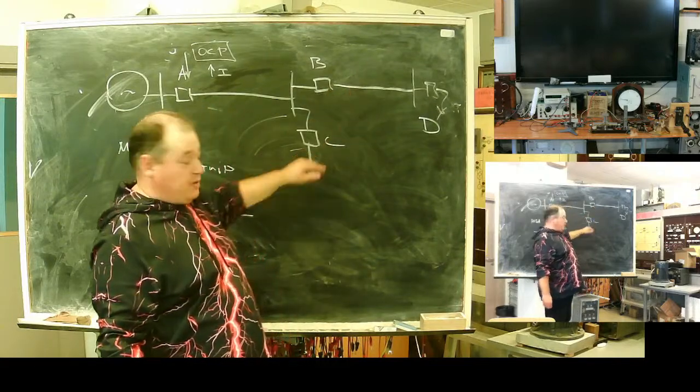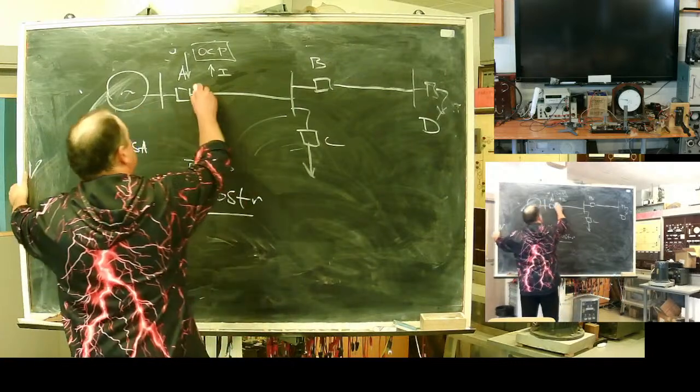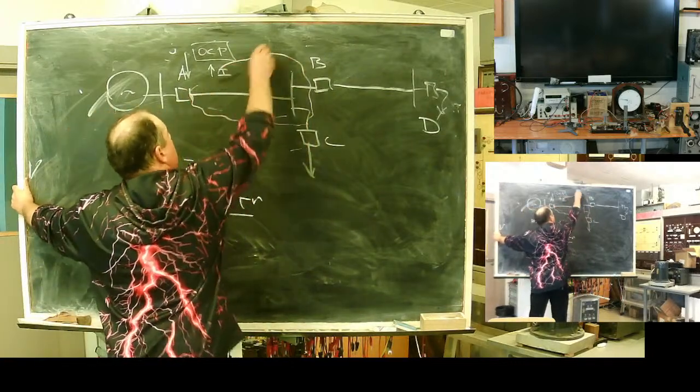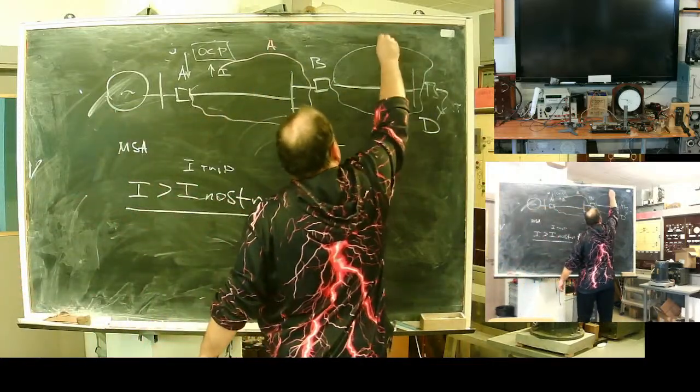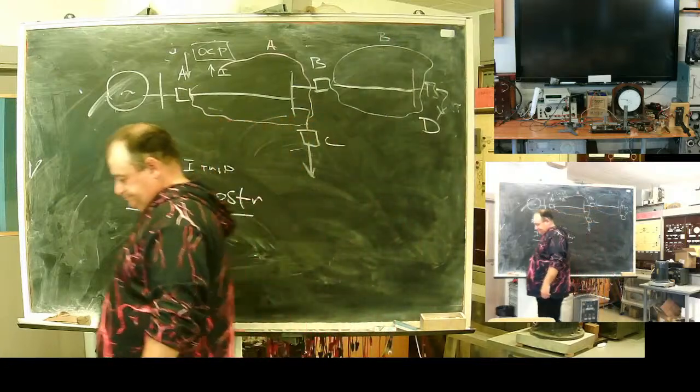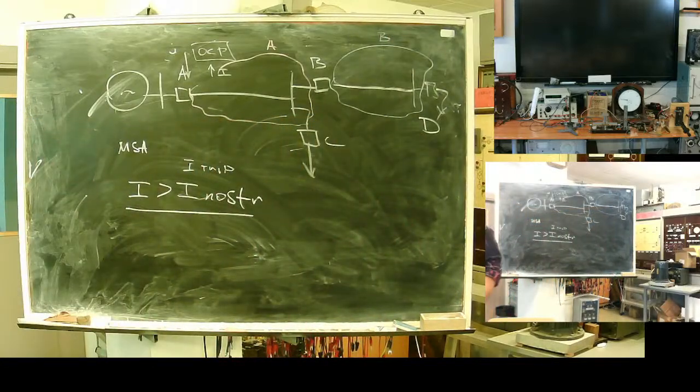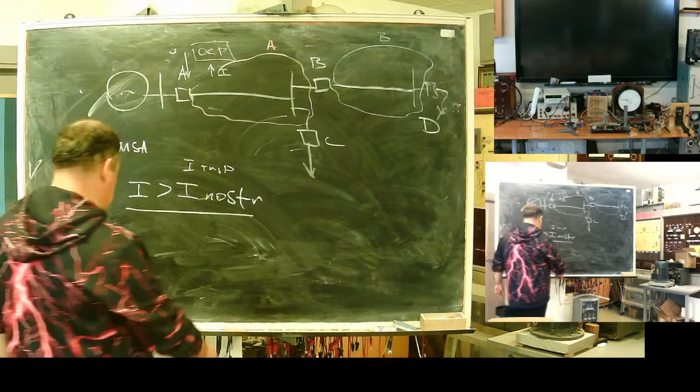Here starts the protected area. So this is for device A. This is for device B. First moment I need to get from my protection is called sensitivity. My protected device should be able to sense any fault in the protected area.